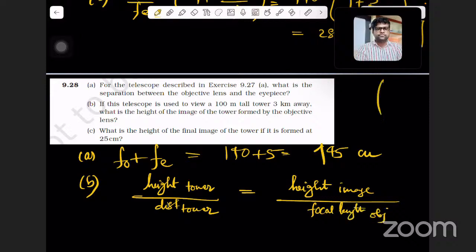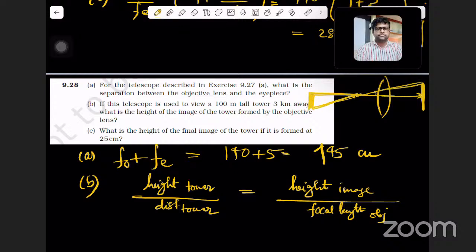Okay, because this is the objective lens and at some distance there is a tower. Draw the line. The image is like this, so these two are similar triangles.